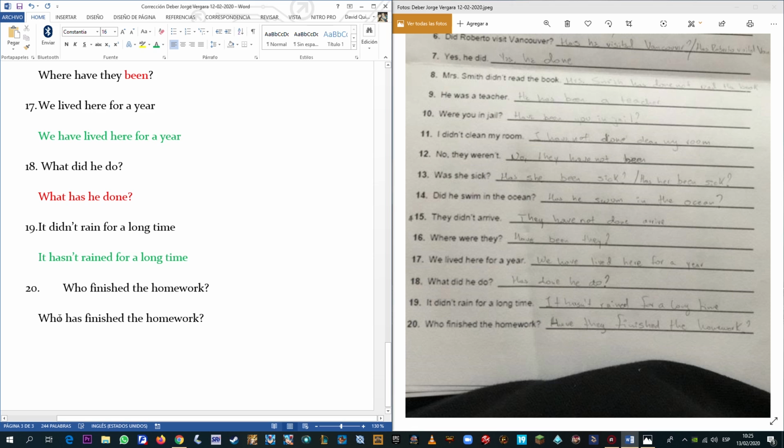Because who means only one. Who has finished the homework? Only one person, right? I am asking about a person, because this question asks for the information of a person. Who has finished the homework? And I need only one, or it could be more, but that would be the change in the answer. So this is the problem here in this first section.